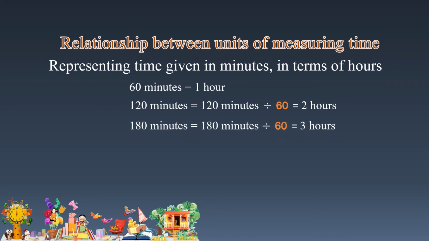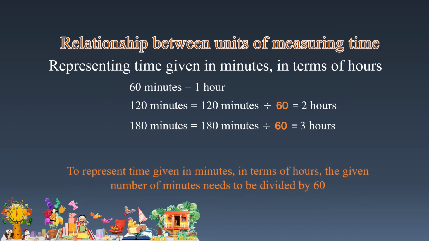So how many hours are there in 180 minutes? You can simply divide 180 minutes by 60. So you can go for the answer. It's 3 hours. So once again, we can come to a conclusion as to represent the time given in minutes in terms of hours, the given number of minutes needs to be divided by 60.